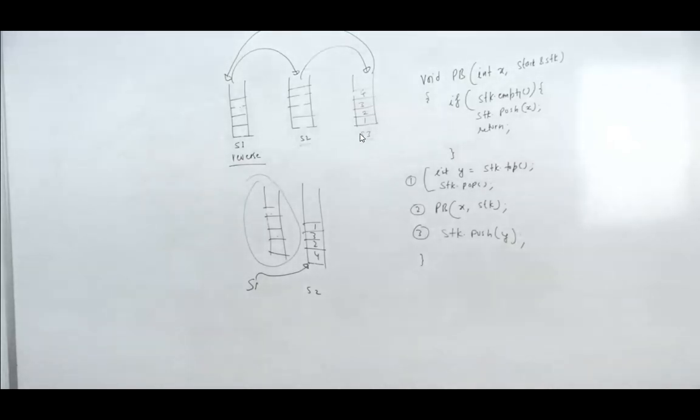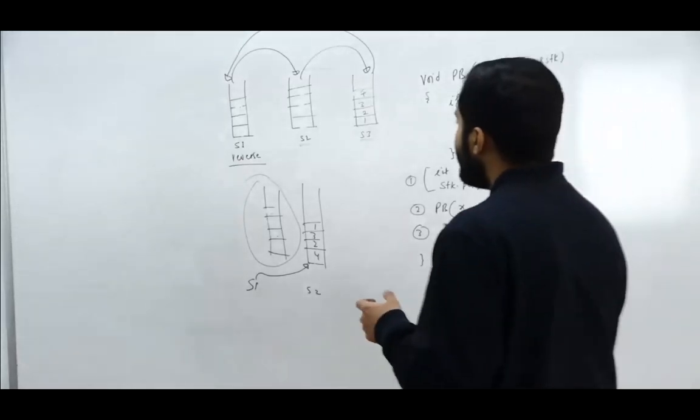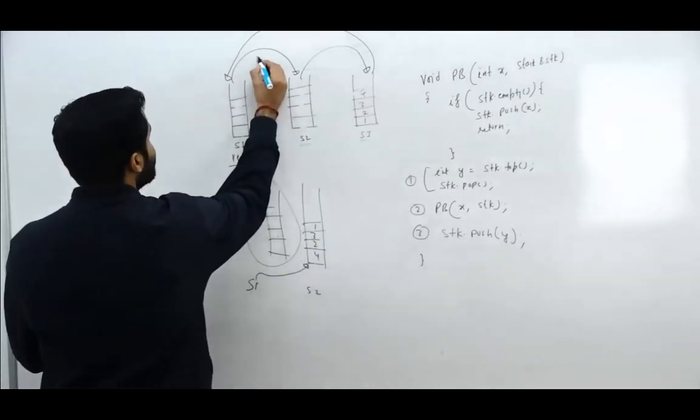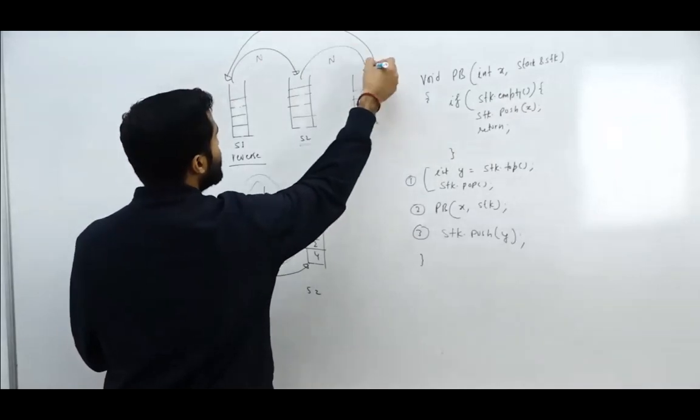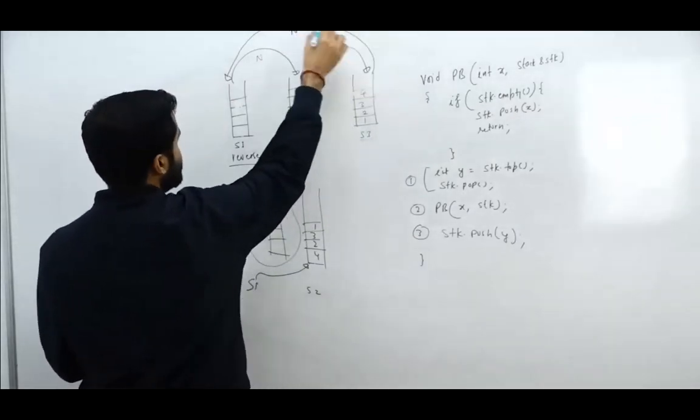Anyways, can somebody comment on the time complexity of this? Time complexity of reversing a stack if it initially has n elements. Yes, so I can say in order n time, I can transfer all the elements from here to here. Then in order n time, again, all the elements from here to here. And then in order n time, all the elements from there to there.